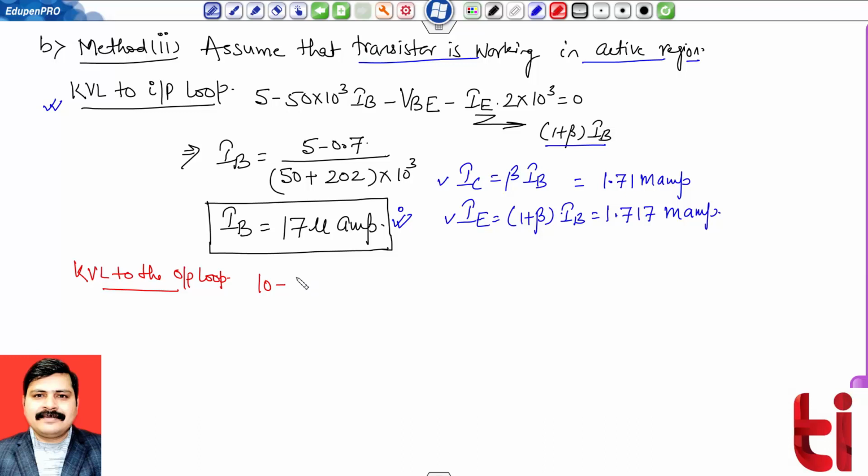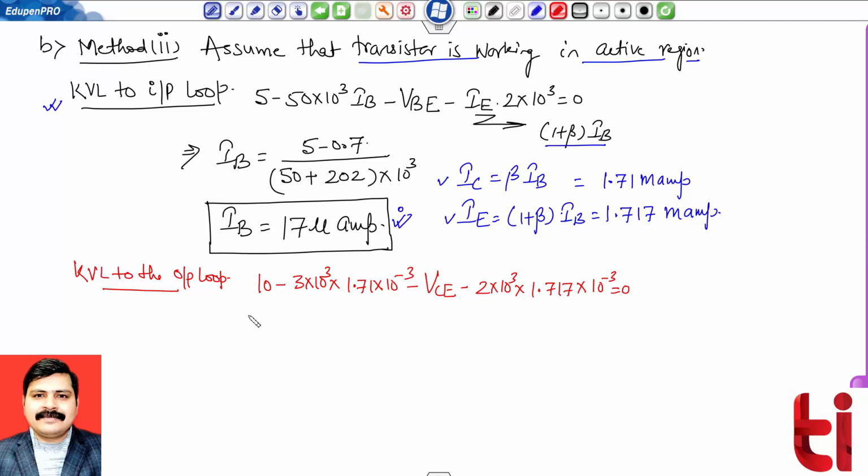10 minus 3 into 10 raised to power 3 multiplied by IC, and IC is 1.71 into 10 raised to power minus 3, minus VCE, minus 2 into 10 raised to power 3 multiplied by IE, and IE is 1.717 into 10 raised to power minus 3 equals to 0.